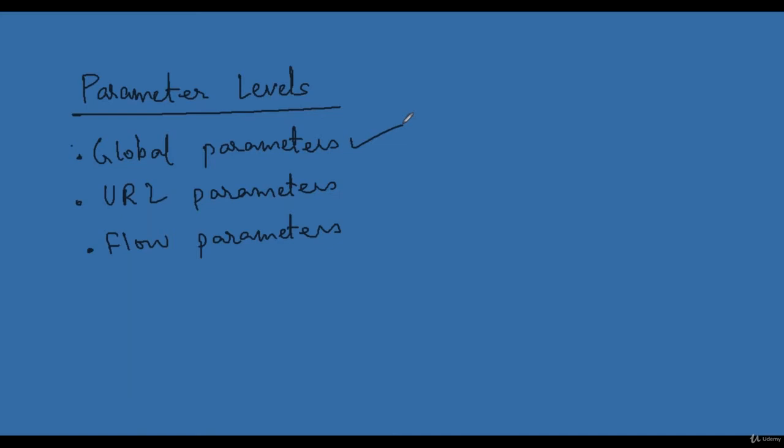Or some parameters can only be relevant to a specific URL. Maybe only your login page has the username. Let's say when you access in your web application abc.com/login.php, only this specific URL has your username parameter.